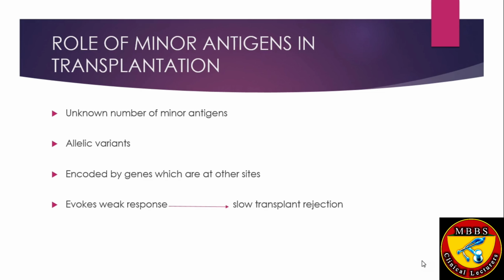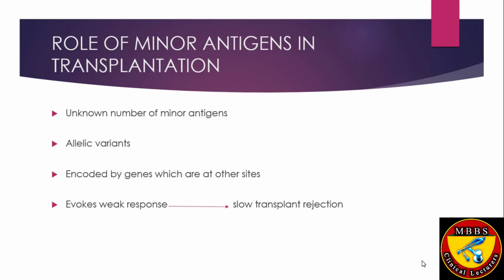Okay, now this was about the major MHC antigens, but we have certain minor antigens too. The minor antigens also have a very important role, although we do not have the exact number of minor antigens as we have for major antigens, but again they are allelic variants.